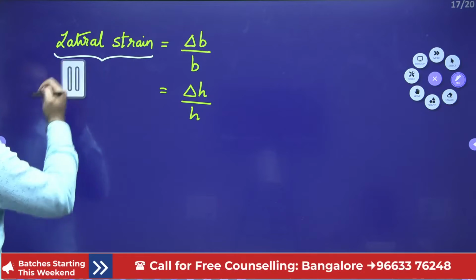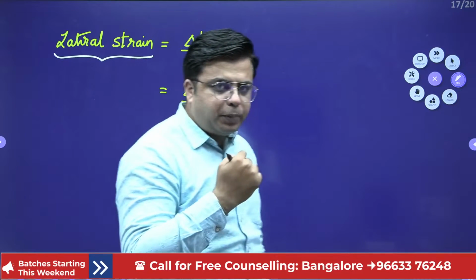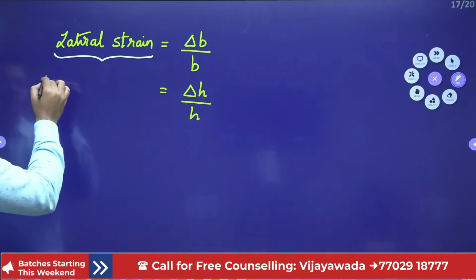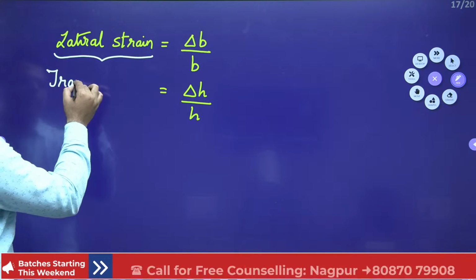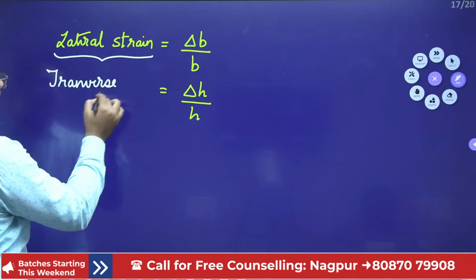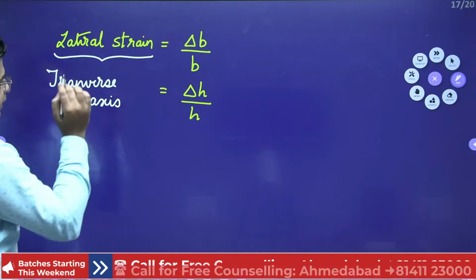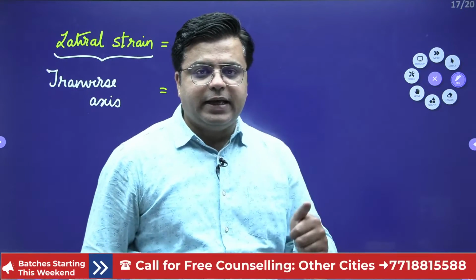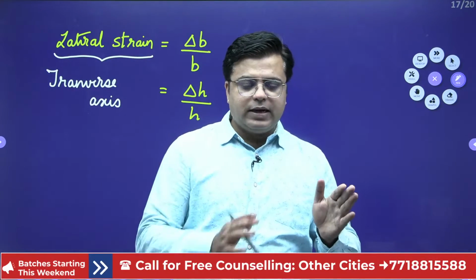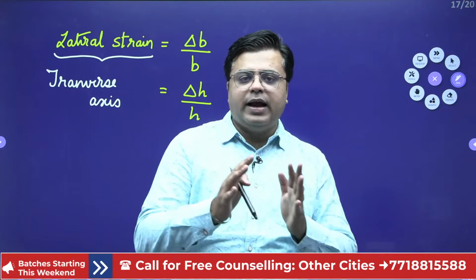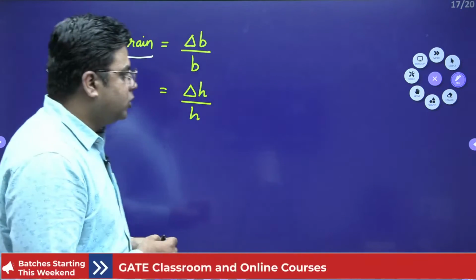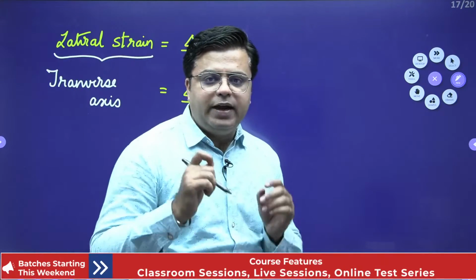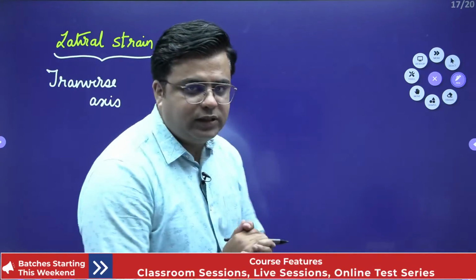Your lateral strain will always be perpendicular to the axis whatever you are analyzing, the transverse axis, right? So one relation defines the relation between lateral strain and longitudinal strain. That relation is defined by a parameter known as Poisson's ratio.